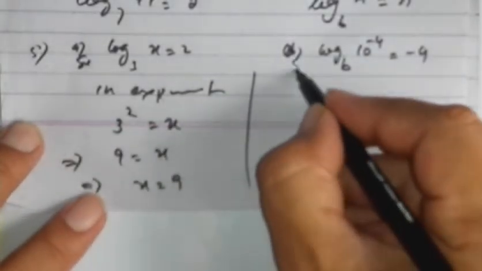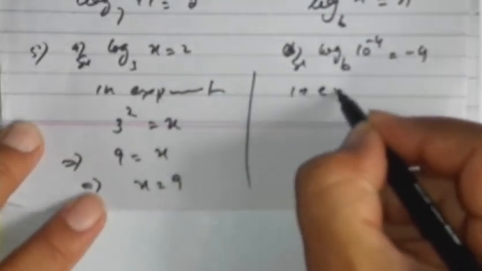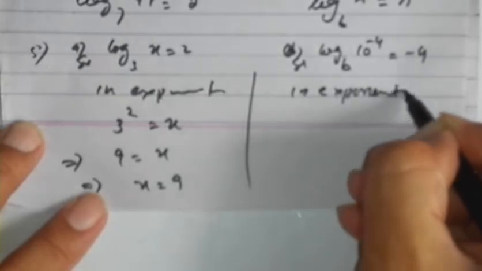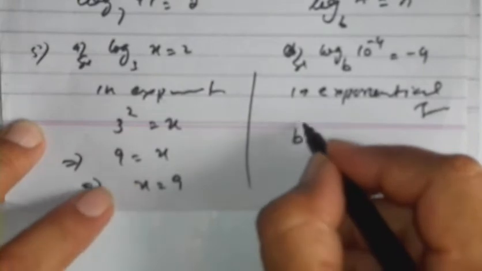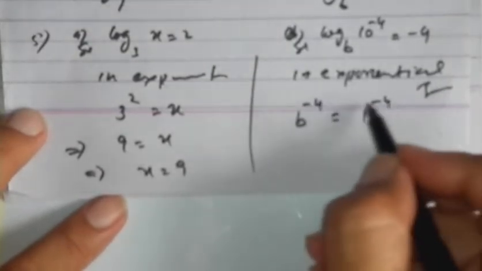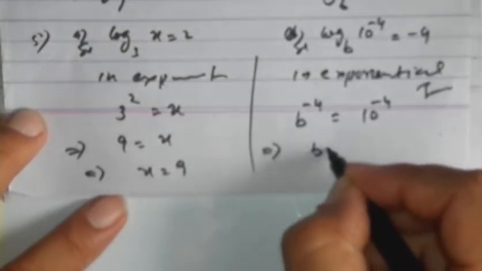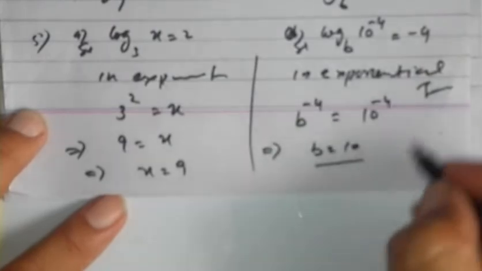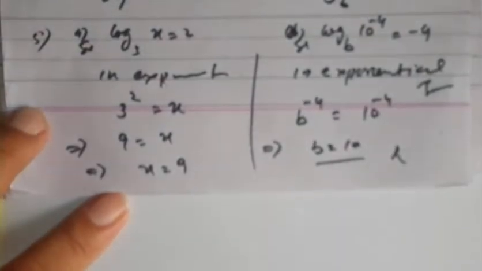Similarly, in exponential form, it is written as b whole raised to the power minus 4 equals 10 raised to the power minus 4. Now look, their exponents are equal, so b equals 10. Their bases are equal.